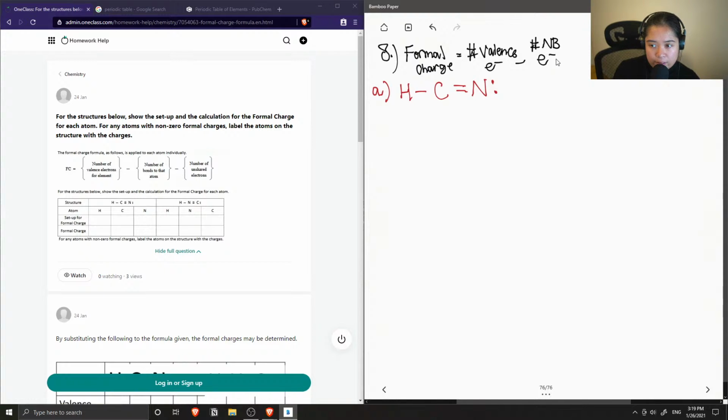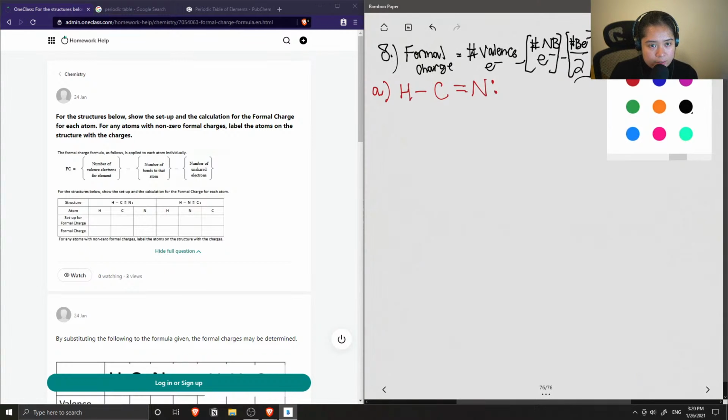Wonder if I can fit very small here, minus the number of bonding electrons divided by 2. Yep, so that just barely fits.